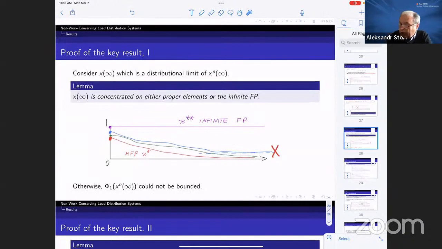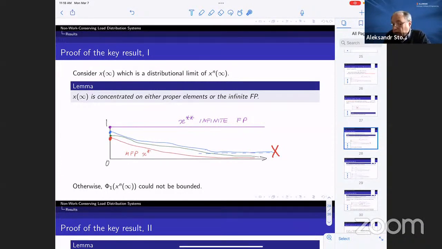So the first step of the proof. As usual, suppose this is some subsequential limit of stationary distributions. The first step is to show that this limit is concentrated either on proper elements which converge to zero, or on the infinite element. It's not possible to have proper elements, with probability 1, which converge to some epsilon.